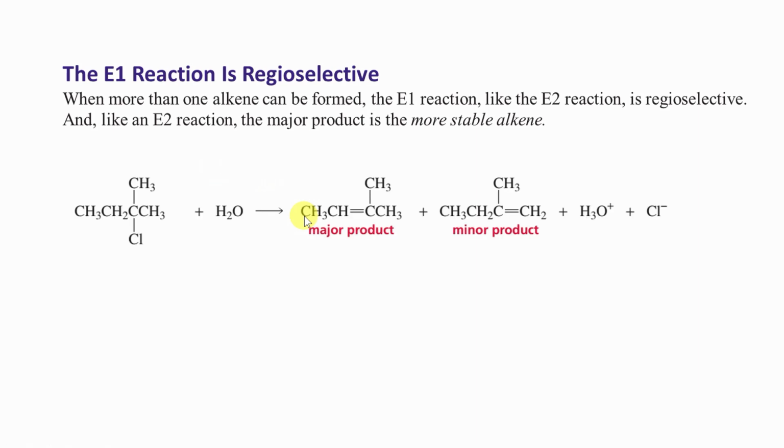For example, see, it is 2-chloro 2-methyl butane, which on solvolysis with water undergoes elimination to form 2-methyl 2-butene and 2-methyl 1-butene. 2-methyl 2-butene, which is the more stable alkene, is produced as the major product.